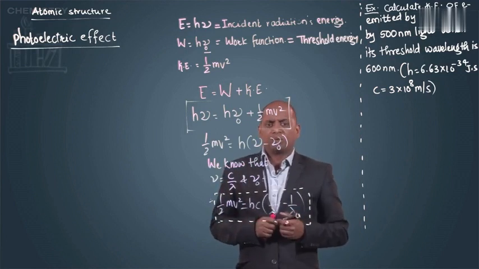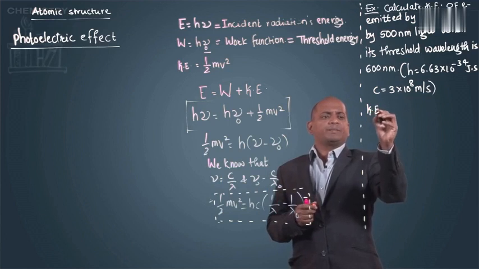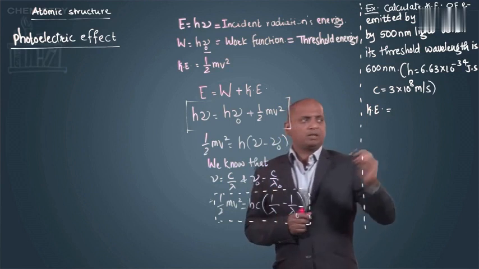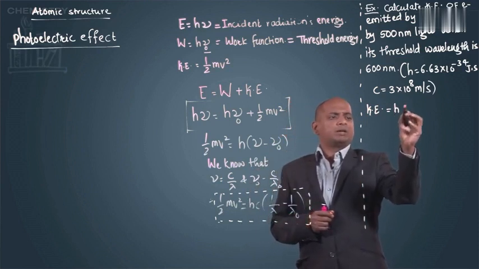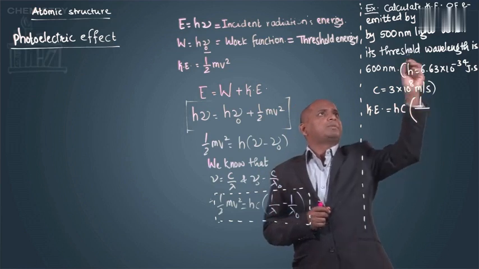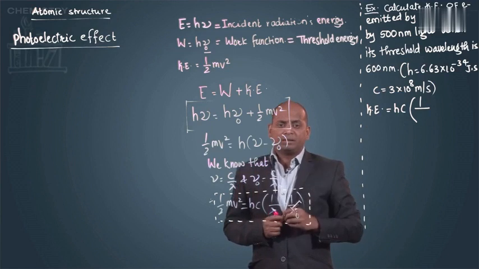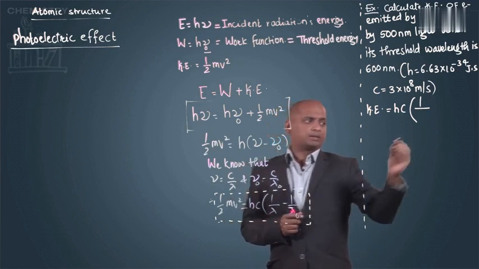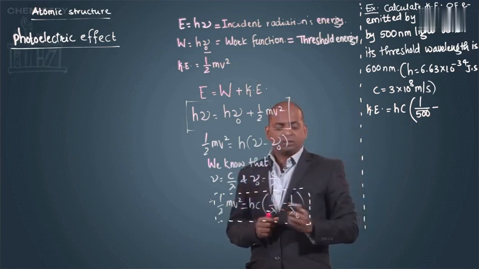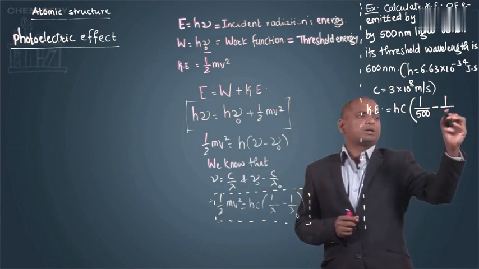We need to use this formula: kinetic energy is equal to h c into (1 upon lambda, the incident radiation of 500 nanometer, minus 1 upon the threshold wavelength lambda 0, that is 600).